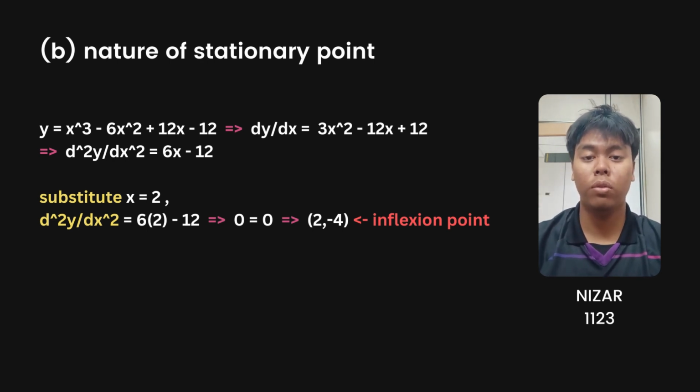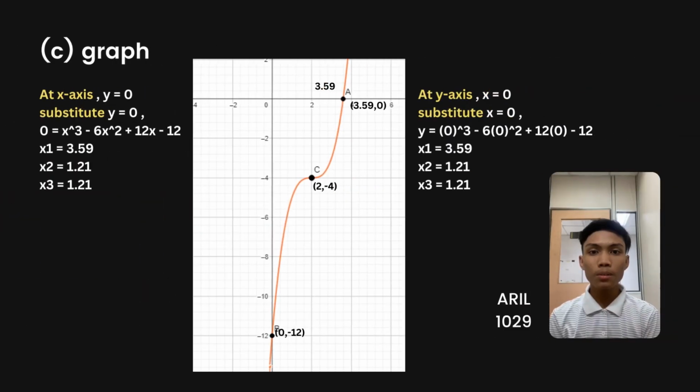The application that we use for the calculation for stationary point is GeoGebra. Okay, so now we have to sketch the graph. From the nature of the stationary point, we get that our coordinate is an inflection point. So, the graph should have an inflection point.